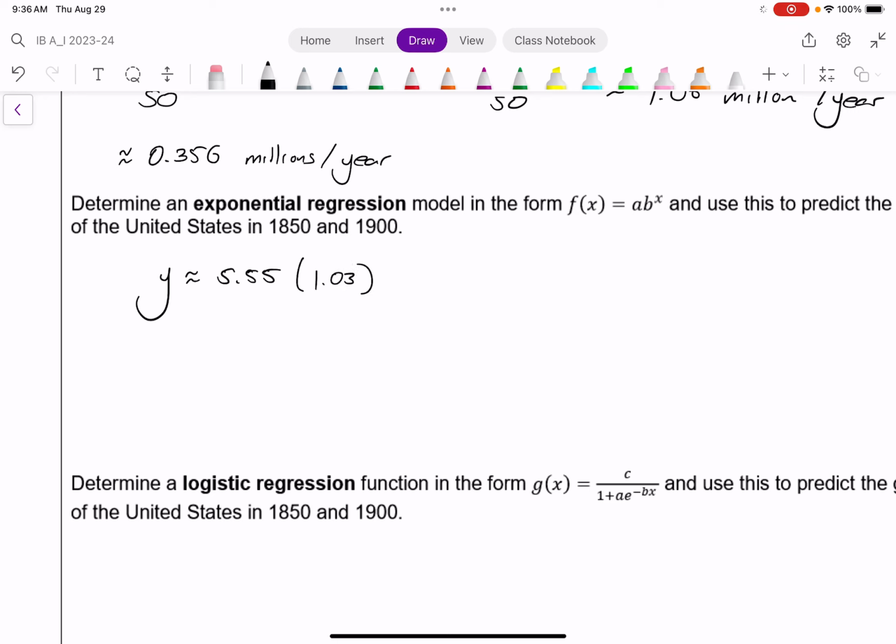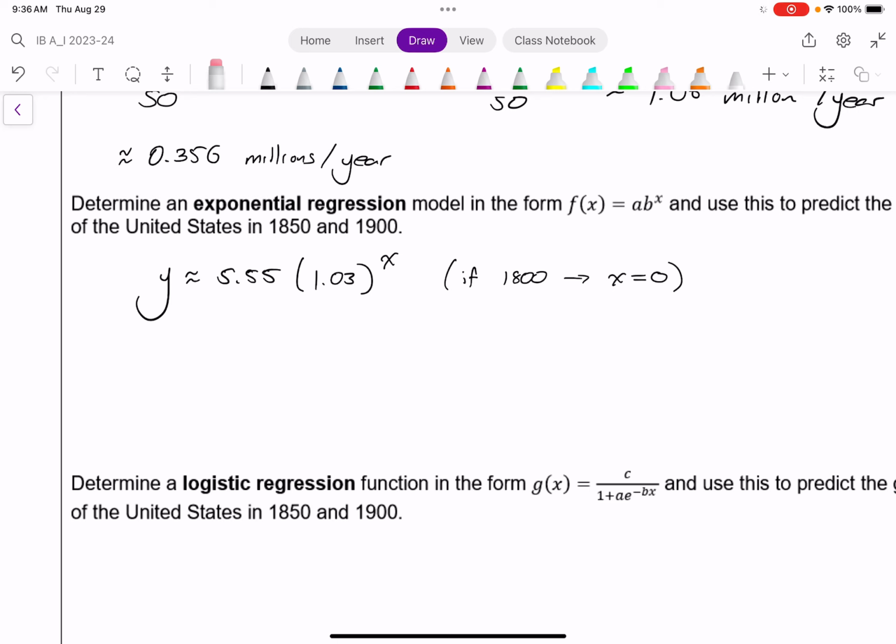Use the exact values in your calculator. Right, so this is what I get from my regression equation, again, if 1800 is x equals 0. If I left just the years in there instead of putting 0 for 1800, you get a similar equation, but your A value would be significantly messier in my opinion, but it's a matter of opinion.